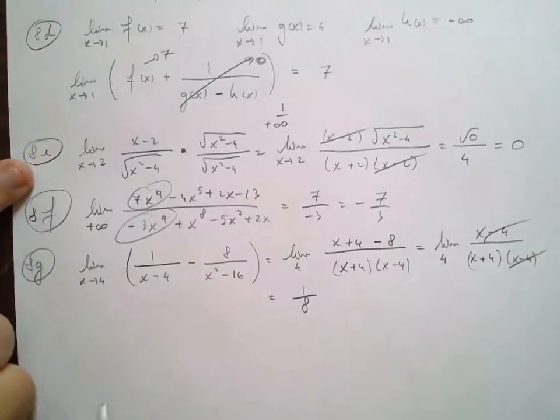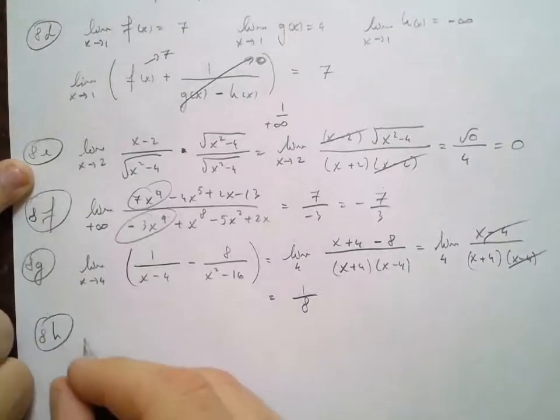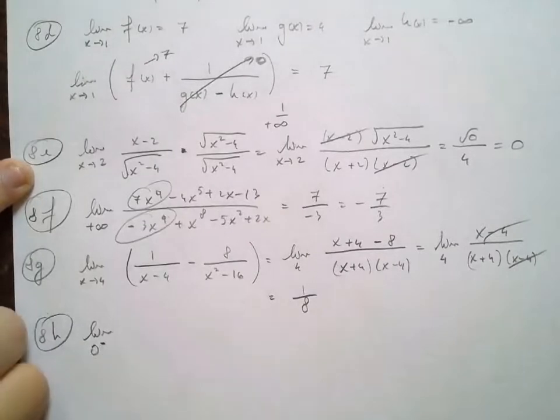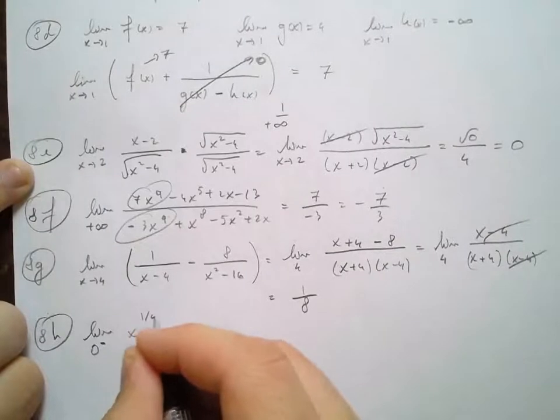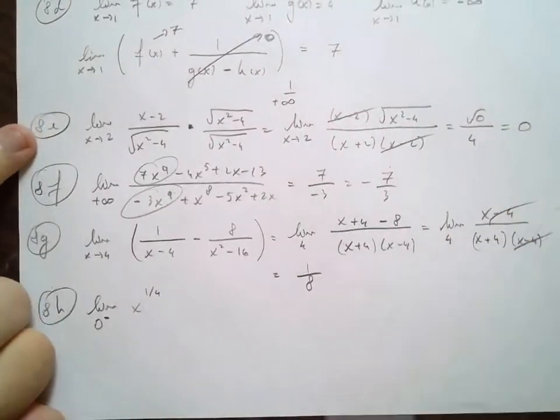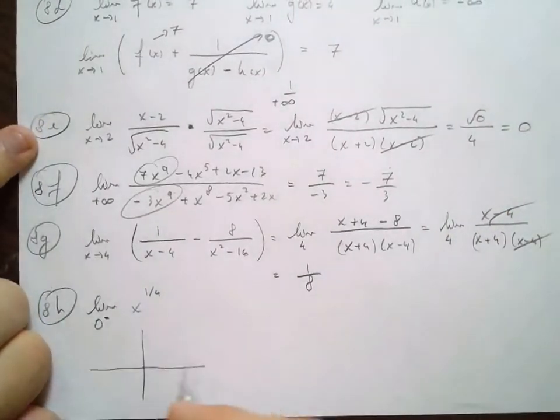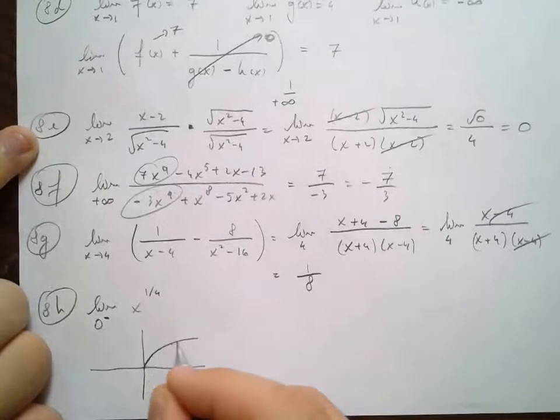Let's go ahead and do part h. I have the limit as x approaches 0 from the minus side of x to the 1/4. Okay, that's the 4th root of x. Let's think about what the graph of this function looks like. I know that the square root of x looks like that, and since this is an even-powered root, it's going to look very similar.